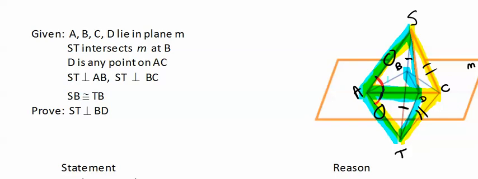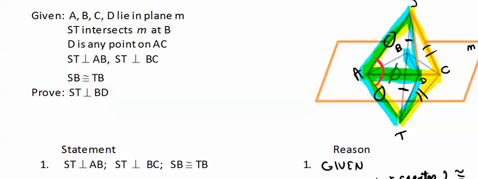And then AD will be congruent to itself based on the reflexive property. Therefore, we can say that the triangles themselves are congruent based on side, angle, side. Once the triangles are congruent, that allows us to say that SD is congruent to TD based on CPCTC.